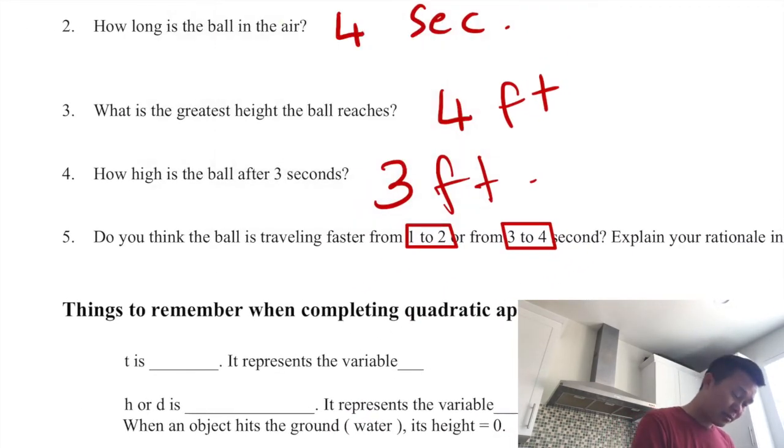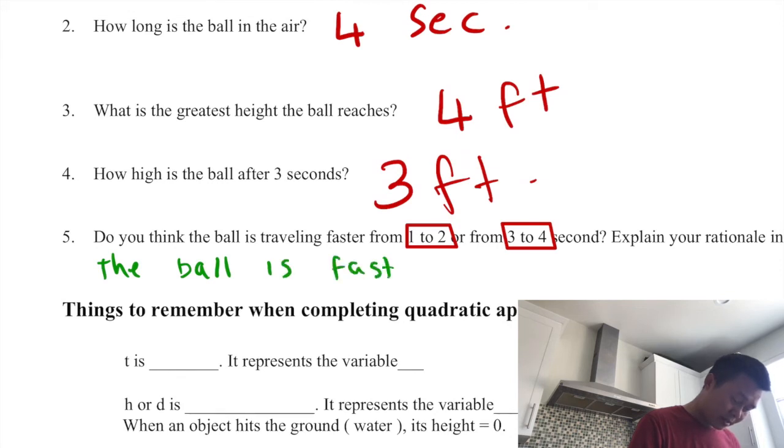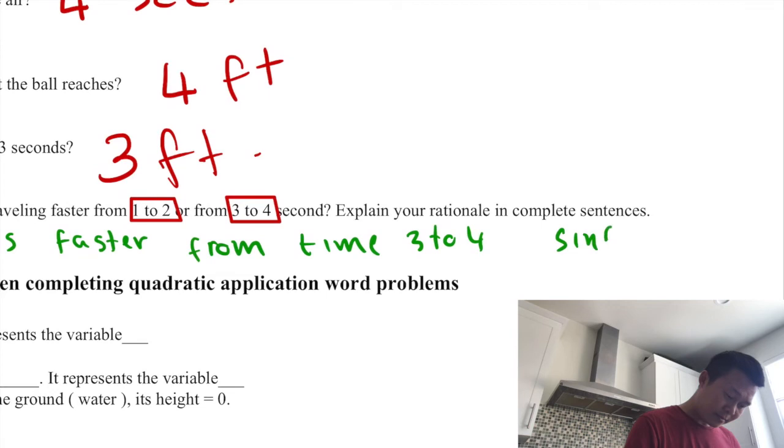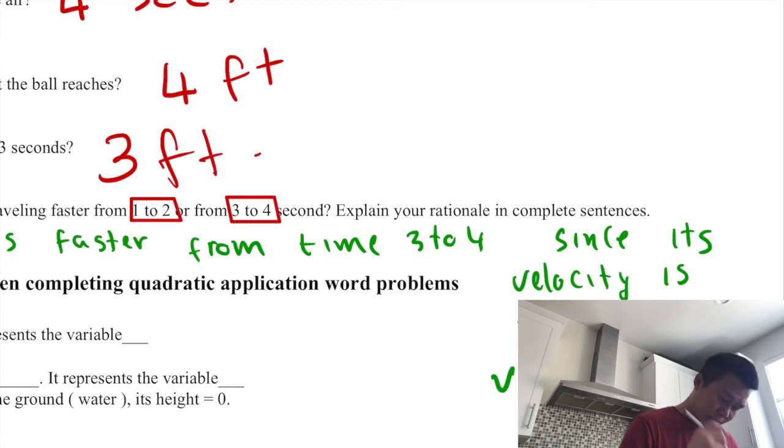So we're going to write the ball is faster from time 3 to 4 since its velocity is minus 3 feet per second versus 1 foot per second between time 1 and 2.